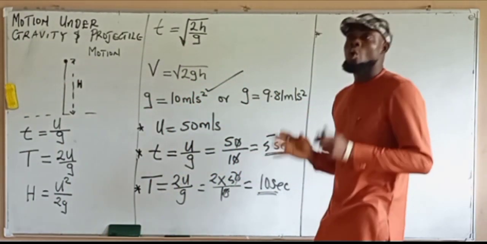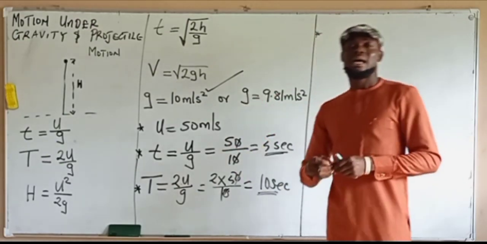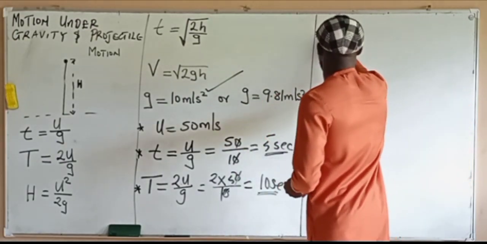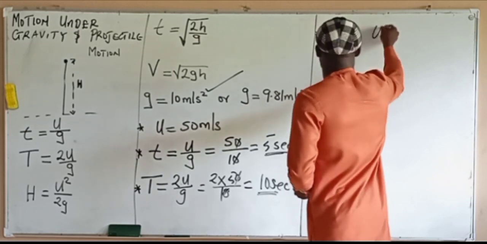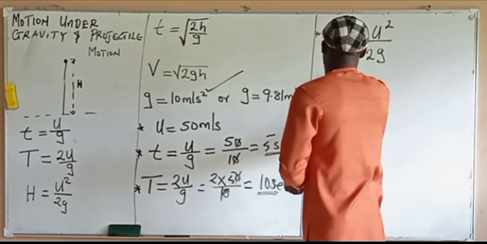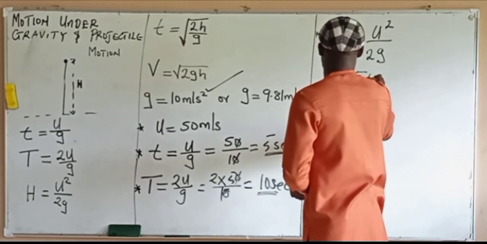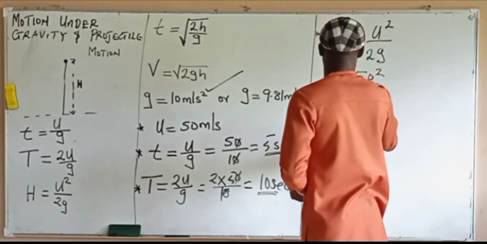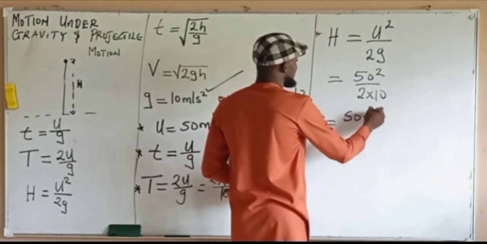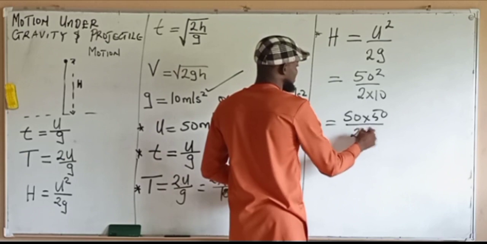The third one: what is the maximum height attained by this body? The formula is u squared over 2g. U is 50, so 50 squared over 2 times 10, which is 50 times 50 over 2 times 10.